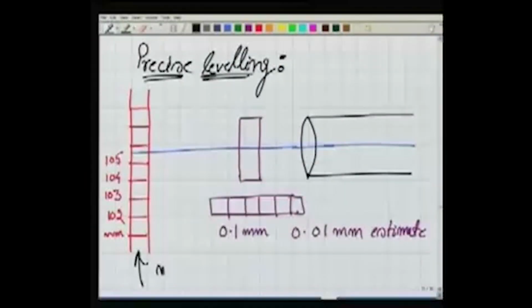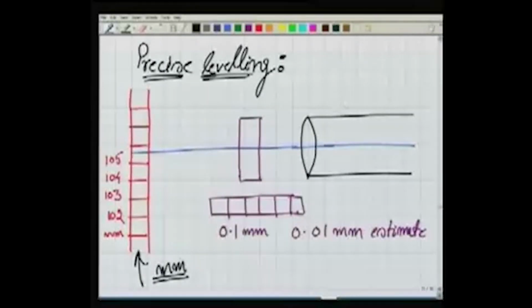Similarly, maybe you are interested in seeing the deflection of a bridge or of a dam. Again, you look for something very precise, a more accurate leveling system. This is where we use precise leveling. In precise leveling, we especially make use of a staff that is graduated in millimeters.